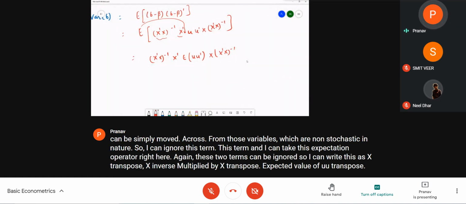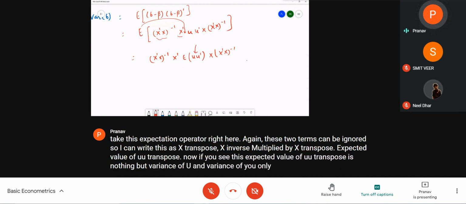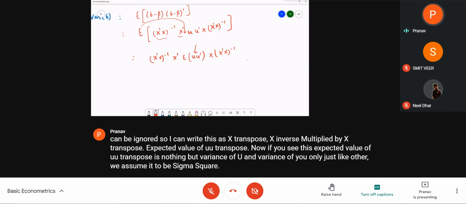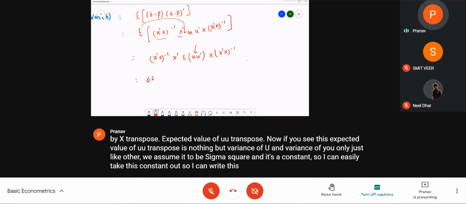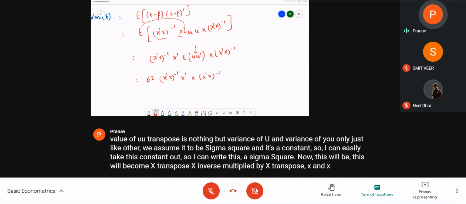Now, if you see, this expected value of U transpose is nothing but variance of U. And variance of U, we just saw, we assume it to be sigma square. And it's a constant, so I can easily take this constant out. So I can write this as sigma square. Now this will become X transpose X inverse multiplied by X transpose X and X transpose X inverse.